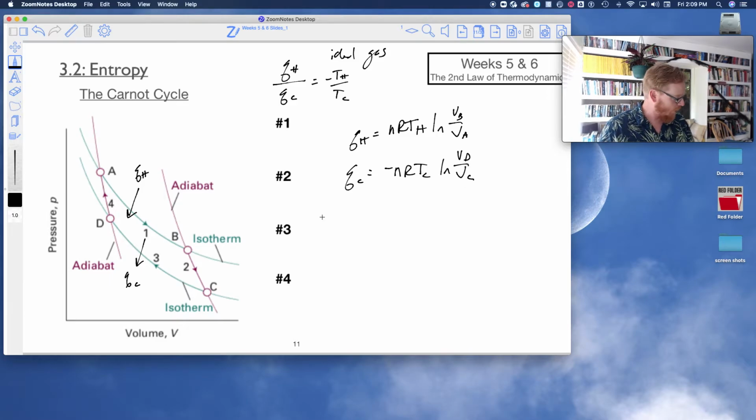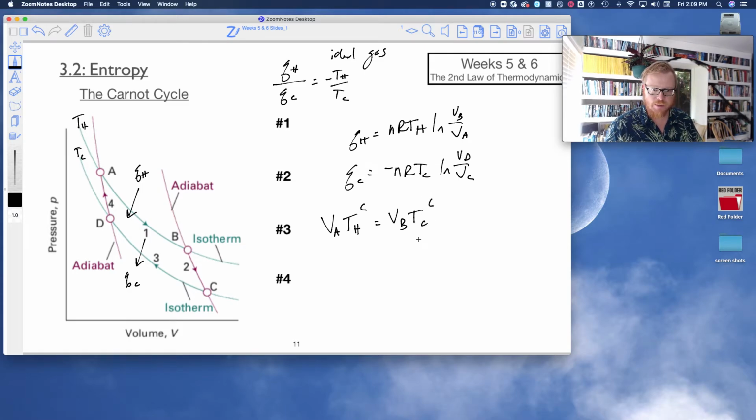And what we also know, I'm not going to show this completely, I just want to show you where it connects from. We also know in the adiabats that the volume at A times the hotter temperature raised to some constant equals the volume of B times the colder temperature raised to some constant.